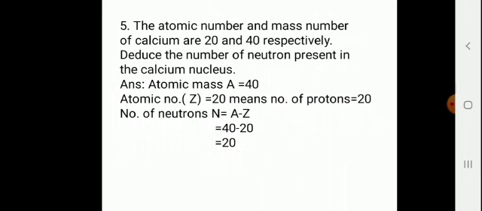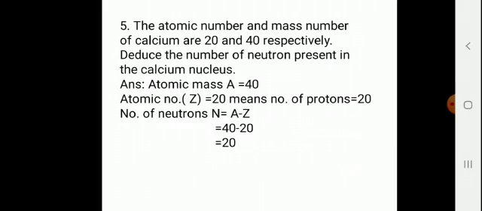Atomic mass is denoted by letter A. It is given that atomic mass is 40. Atomic number is denoted by letter Z and that is given as 20. Means number of protons are 20 in calcium atom and number of neutrons is equal to atomic mass minus atomic number. So atomic mass is 40 minus atomic number is 20.